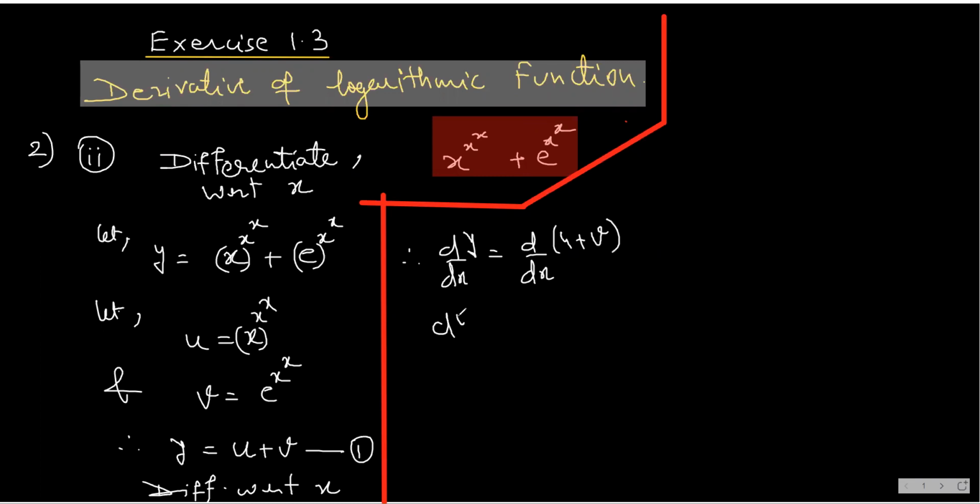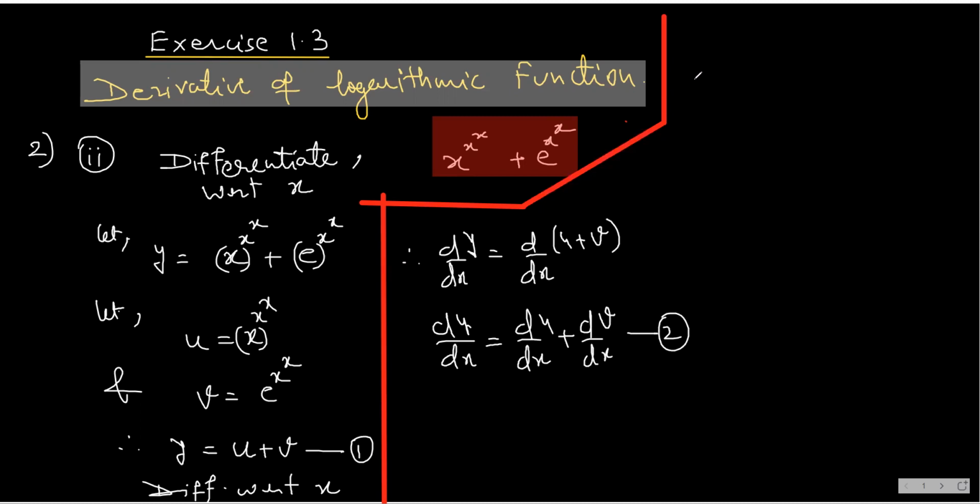That is, dy by dx equals d by dx of u plus d by dx of v. This is equation number 2.